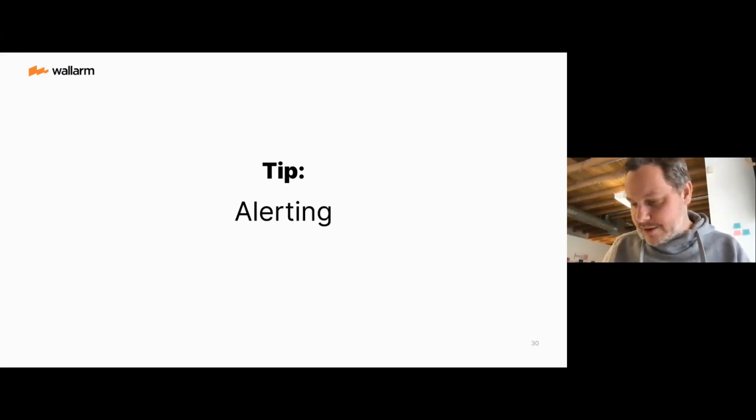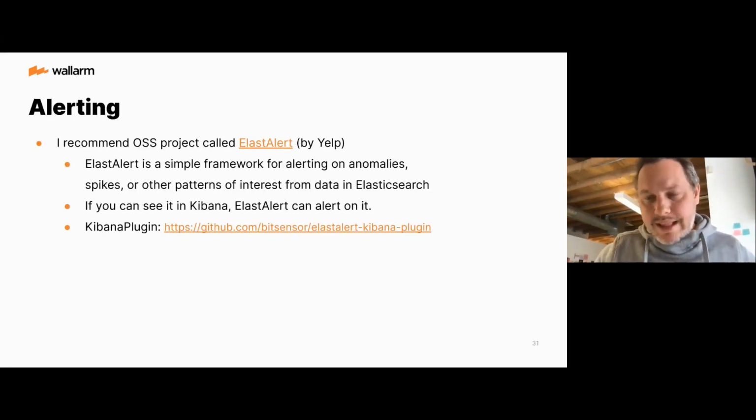So one of the things I found really helpful to make all those guys and girls work together is to set up proper alerting. There's a great tool, I mentioned it already, ElastAlert, developed by the Yelp team.